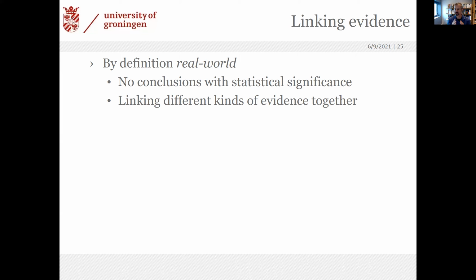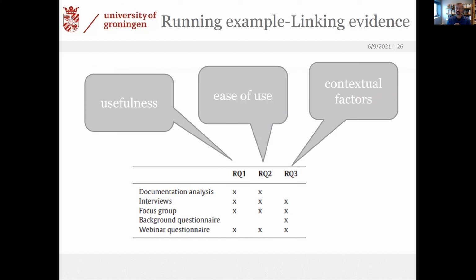We cannot run statistical tests and say, okay, for our sample, we can reject this hypothesis or not. But what we are able to do is to find out how different sources of evidence can link to each other. And this is really important because we're able to triangulate, to confirm what we found from this data source with what we found in that data source.